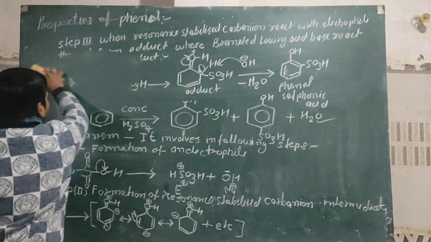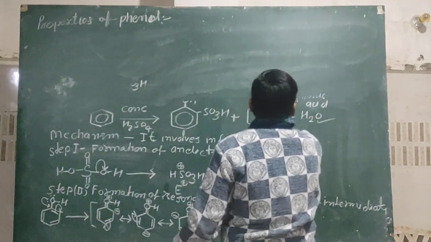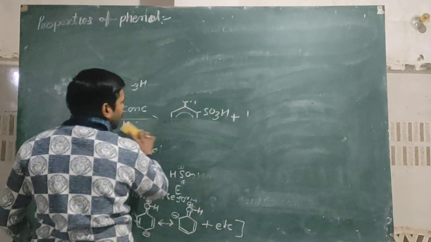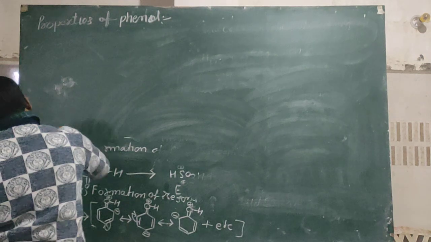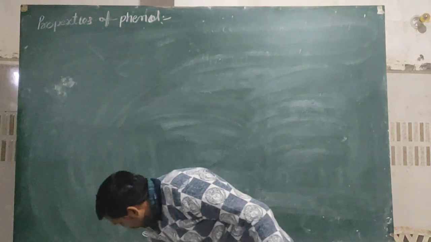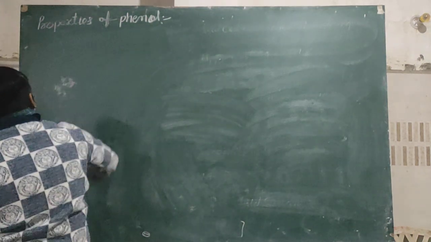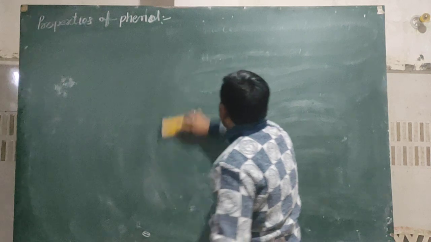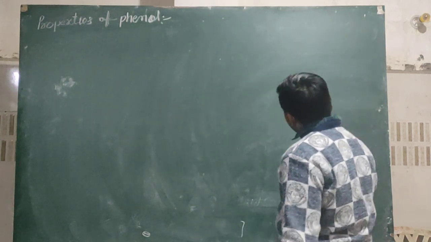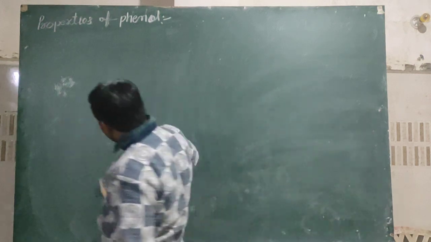The second reaction of phenol is also very important, which is always asked in your examination: what happens when phenol reacts with nitric acid? What happens when phenol reacts with nitric acid, or what is the nitration of phenol? How can you prepare nitrophenol when phenol reacts with nitric acid?